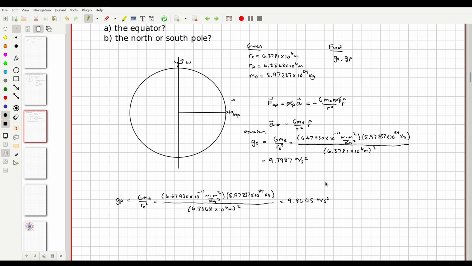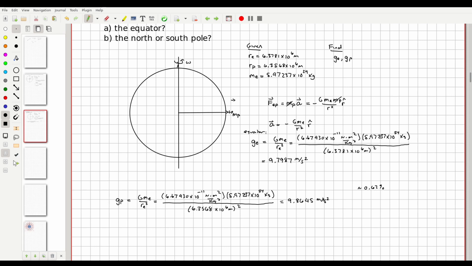So, I mean, it doesn't look like much of a difference, but if you do a fractional difference there, let's just do that. 0.7987. That's about a 0.67-ish percent difference between this and this. Okay, so there is a difference.